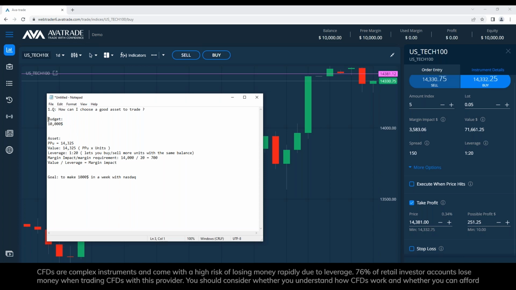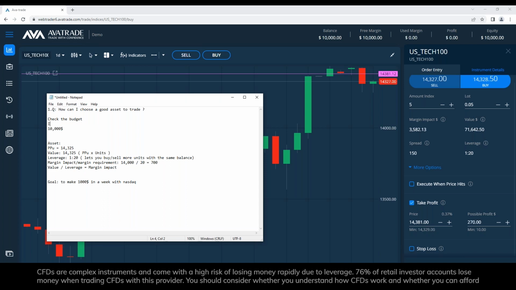So check the budget. The answer to that is check the budget. And the second thing will be if the asset fits your plans, right?